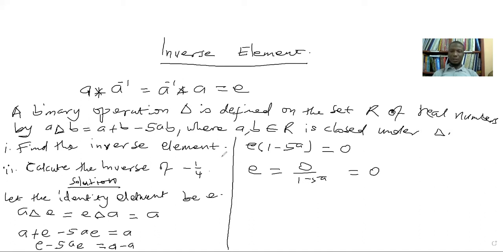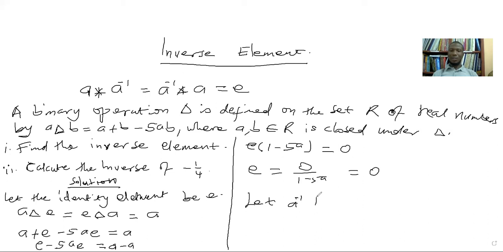Then, now that we have found the identity element, we can now go ahead and find the inverse element. And that is also based on the assumption that, okay, let's define our inverse element. So we are letting A inverse, you can use any symbol you want, but because we are using A, I'm just using A inverse as this.